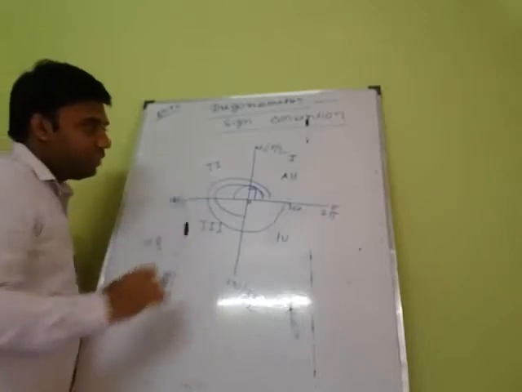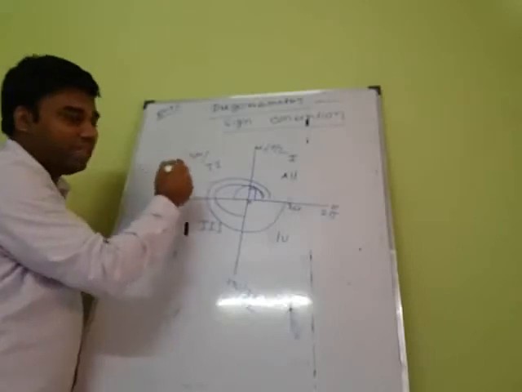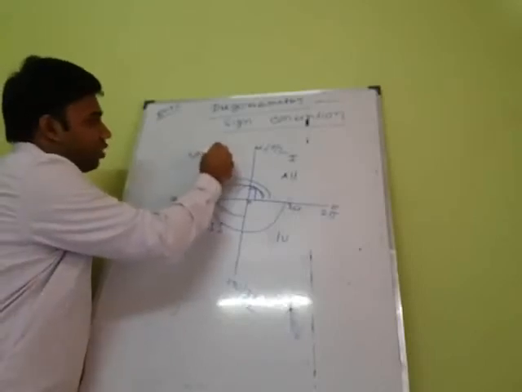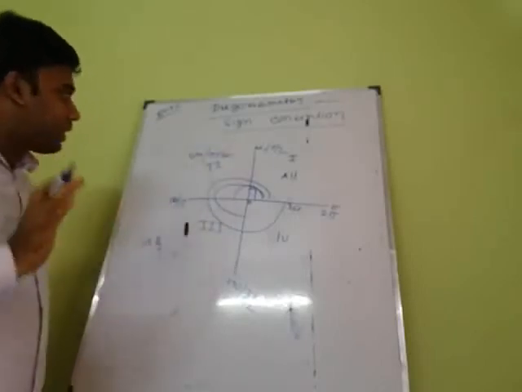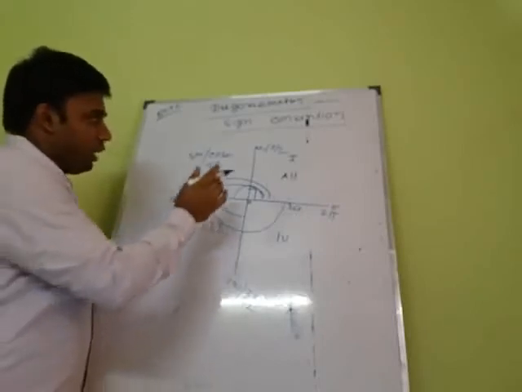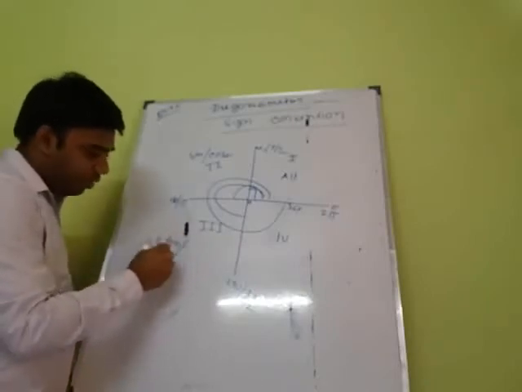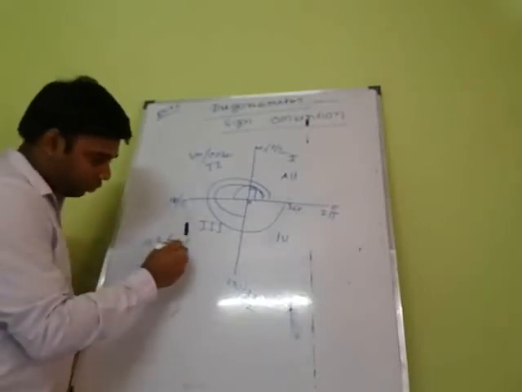In the second quadrant, except sine and the opposite of sine, that is cosec, all are negative. Third quadrant: tan and the opposite of tan, that is cot.